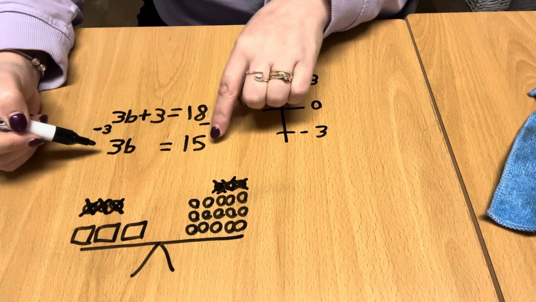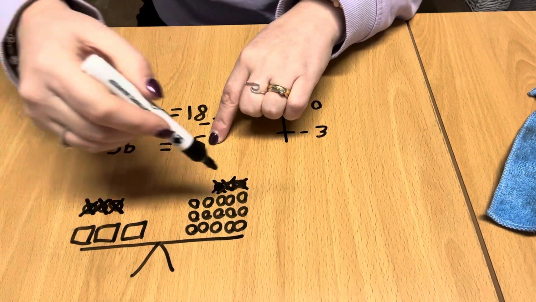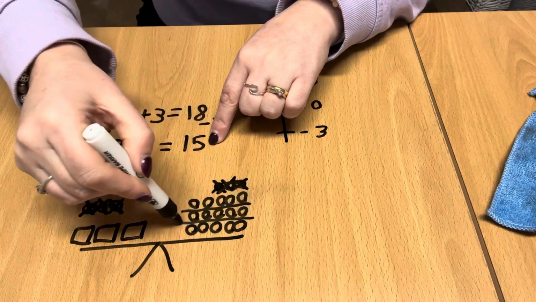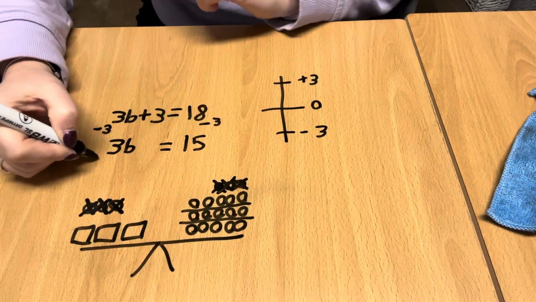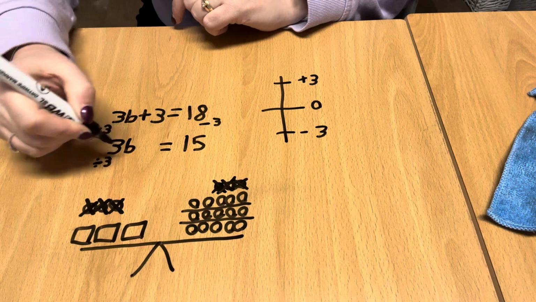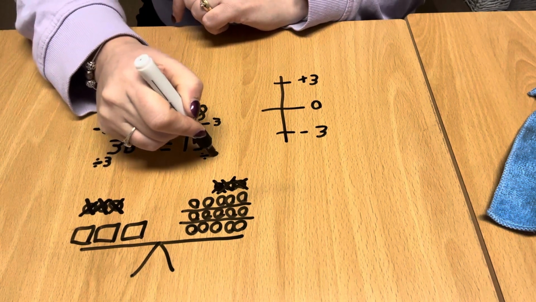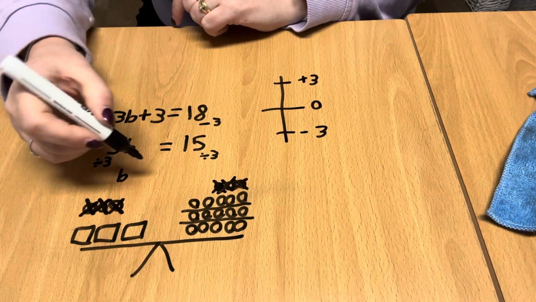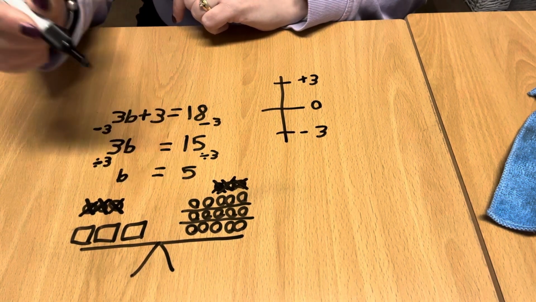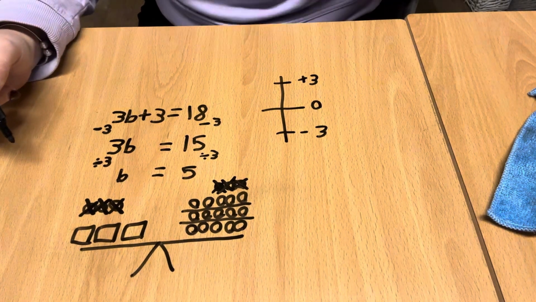Now we're back to where we were originally. I can divide by 3 to get rid of the 3, but remember you're doing it on both sides. So that leaves us with 1 box is equal to 5.